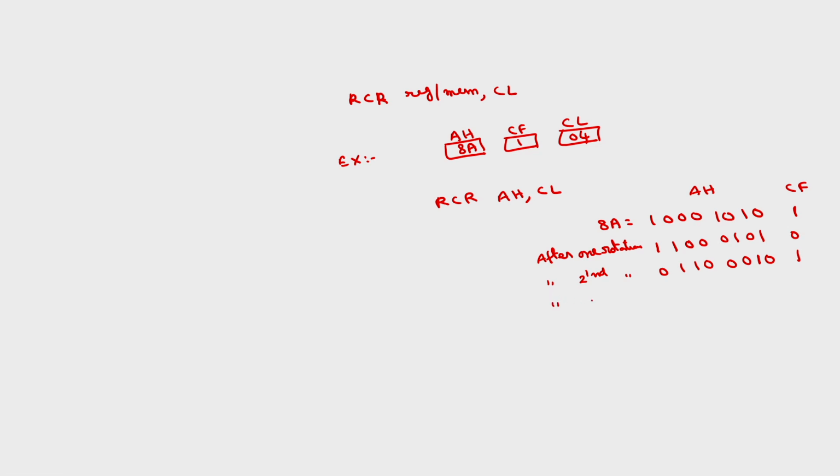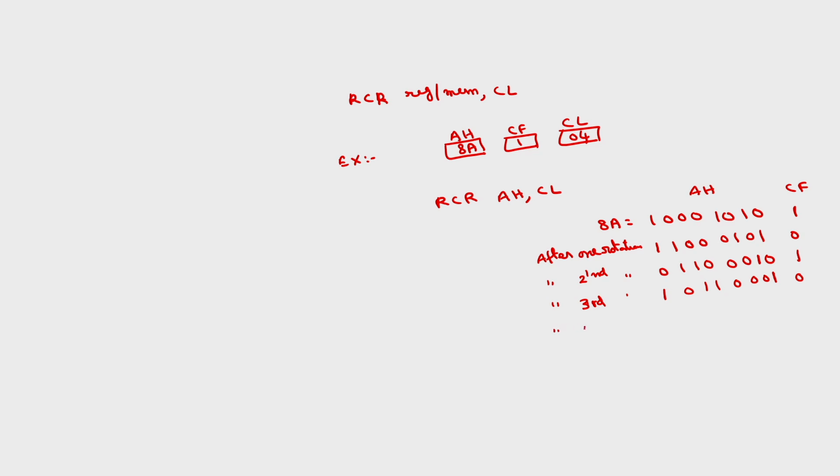After third rotation, all these bits will be shifted here, this will become 0 1 1 0 0 0 1, and this 1 will become carry, this 1 becomes this.